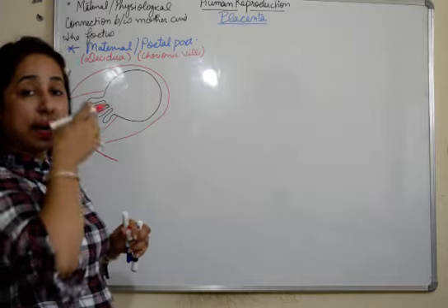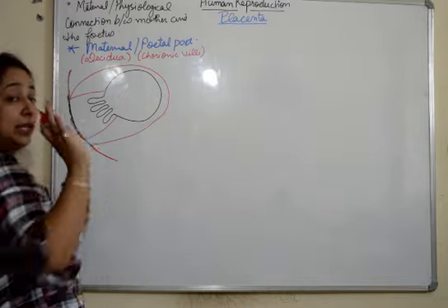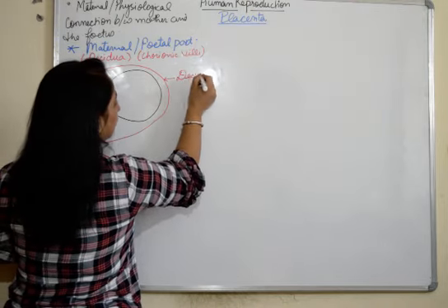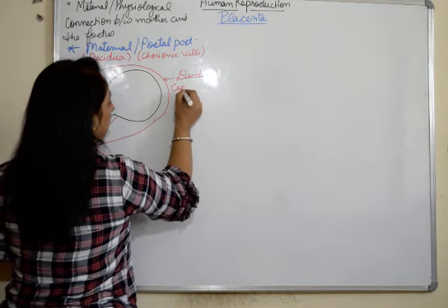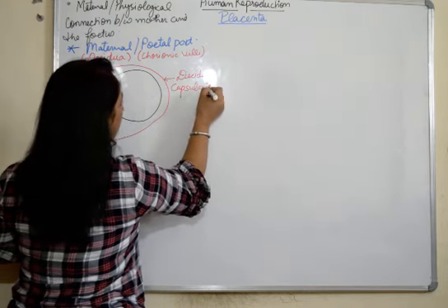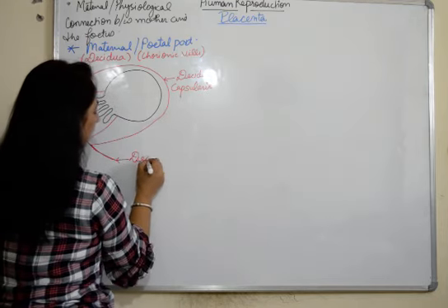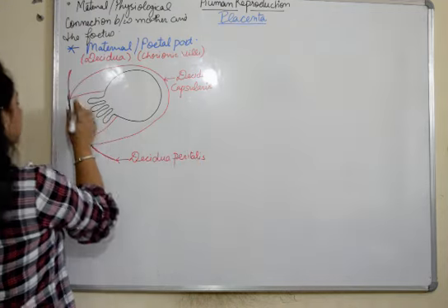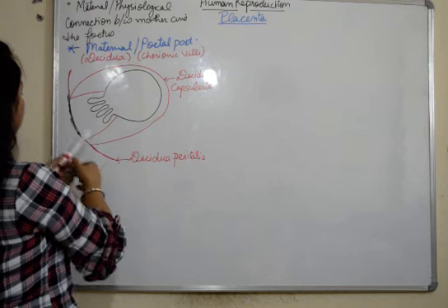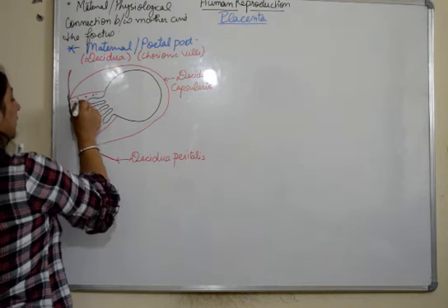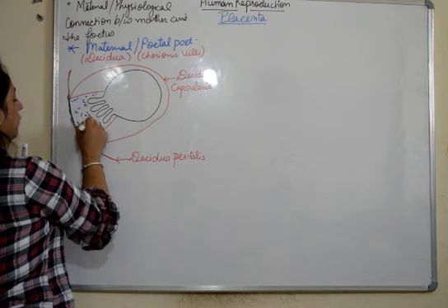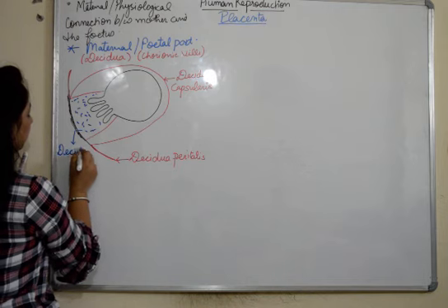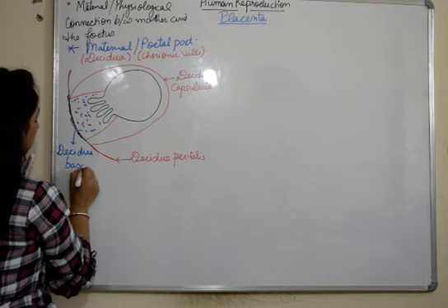So the maternal placenta or decidua is of three types. The first one is decidua capsularis. This is decidua parietalis, and this one, the main one, the part which has these chorionic villi present, is decidua basalis.